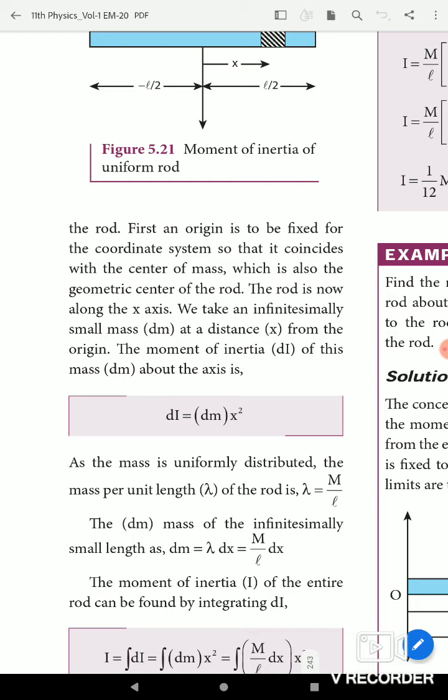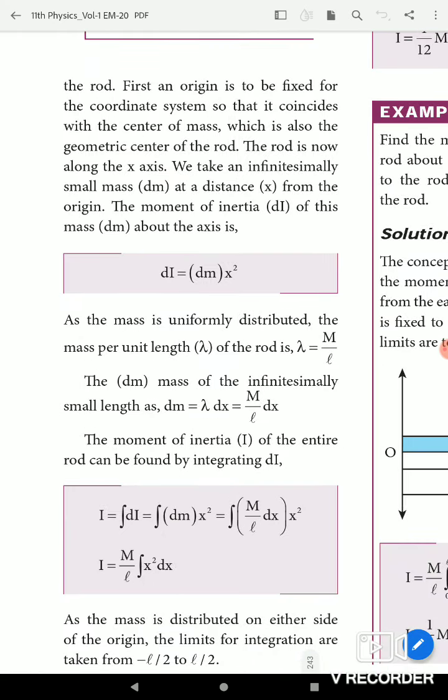The mass is uniformly distributed, so the mass per unit length lambda is equal to M by L. The mass of the infinitesimally small length is dm equal to lambda dx, so dm is M by L into dx.